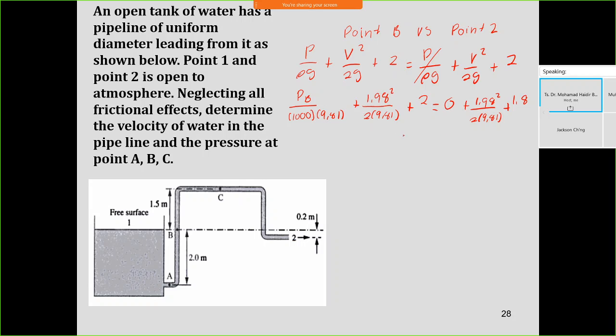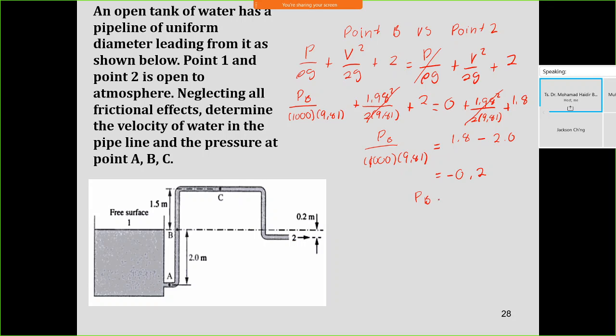So we can cancel the V part because the value is the same. Now PB over 1000 times 9.81 equals 1.8 minus 2.0, which is negative 0.2.